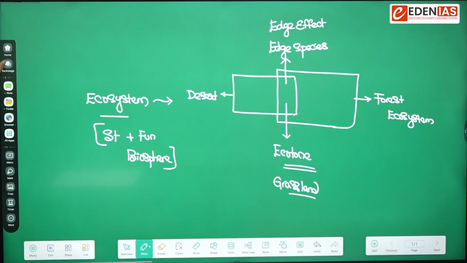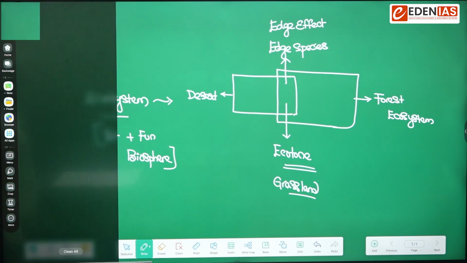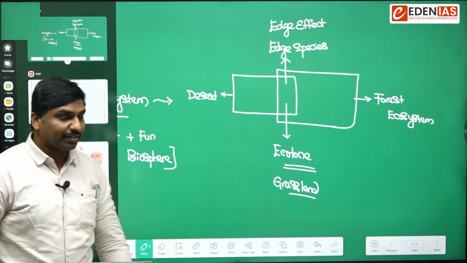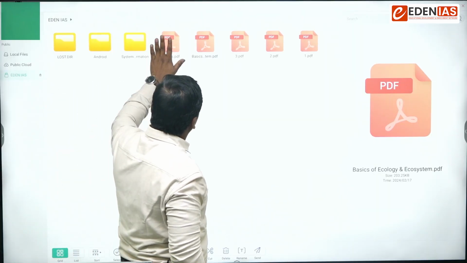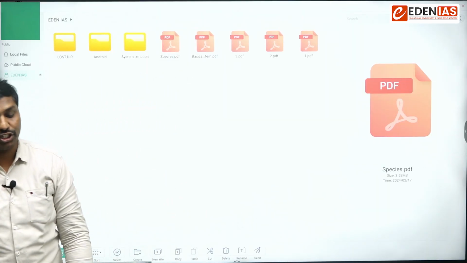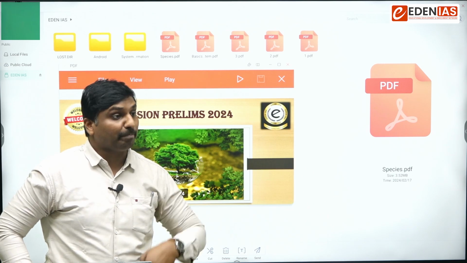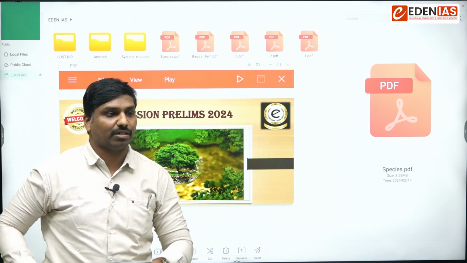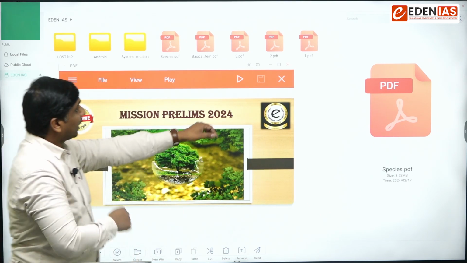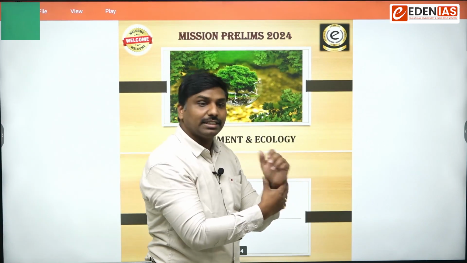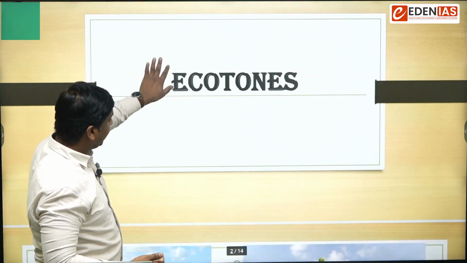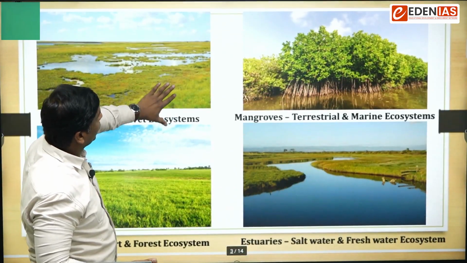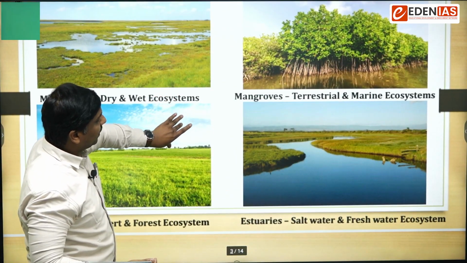Estuaries are between fresh water and marine water. So an estuary is a place where a river joins with the sea, the ocean. So likewise, when you see some of the examples, you can remember like this.